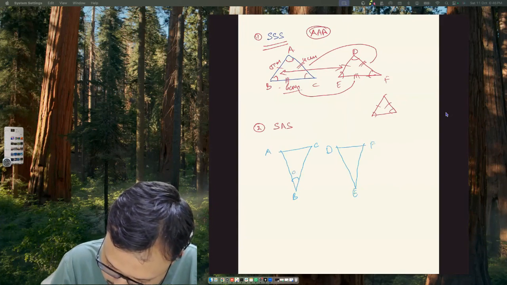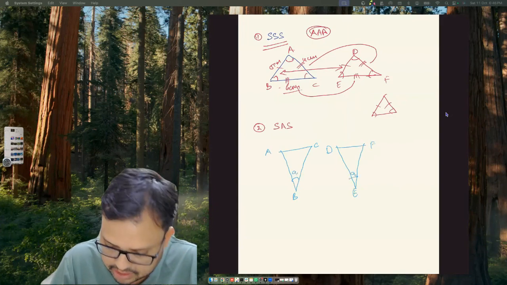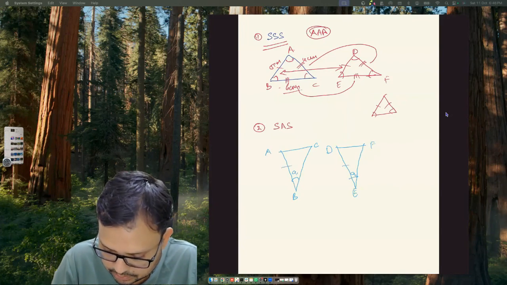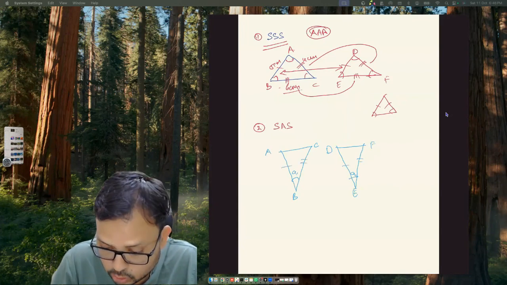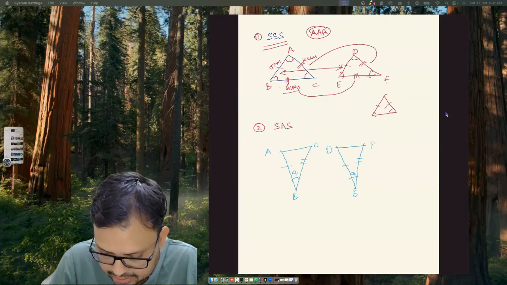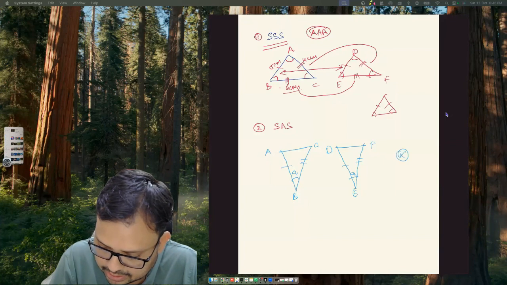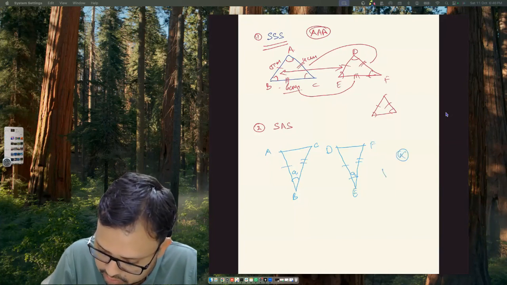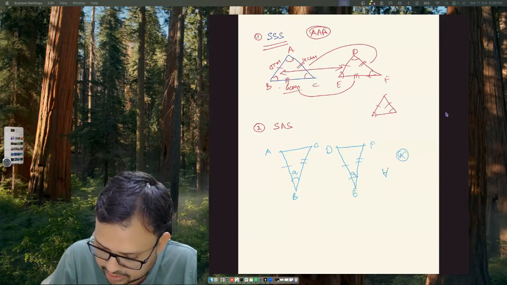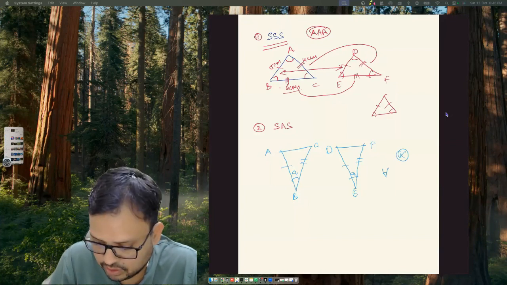Again, this is A1, this is A1. SAS says that if two sides are equal and their included angle, it doesn't mean angle D is equal to some other angle, because then probably these are not congruent. We don't say that. What we say is, for SAS, always remember the letter V, and the angle has to be somewhere in between.